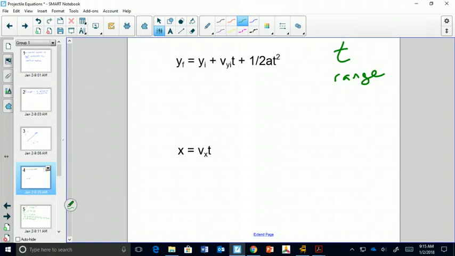Okay. Now they just did the math for you and showed you the answer on page 155 in example problem number 1. But I'll walk you through. Are you comfortable that this is 0? My initial displacement in the y was 0. What's my initial velocity in the y? 0.